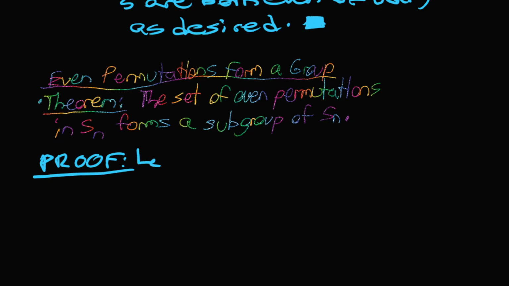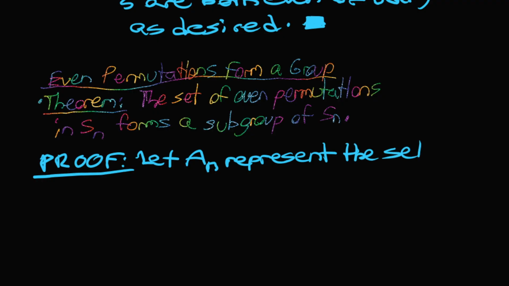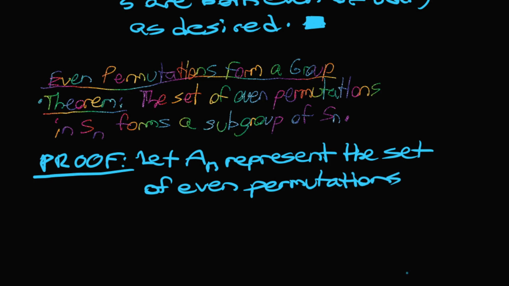So let A of n represent the set of even permutations in Sn, where n is a natural number.